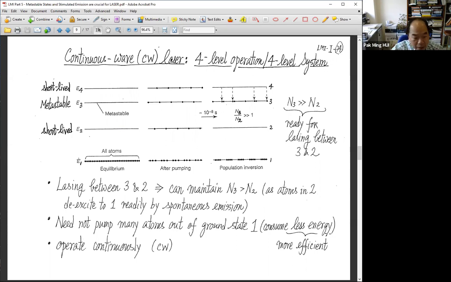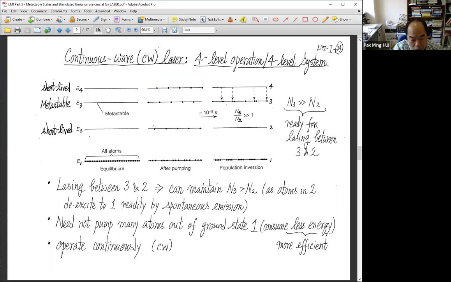So pictorially, on one page, the idea is as follows. At equilibrium, again, all the atoms are there. You find some way to pump it. The pumped atoms, because the pumping is not selective, usually may occupy many different levels. The important point is that these atoms in level 4 will come down very readily in this time scale.